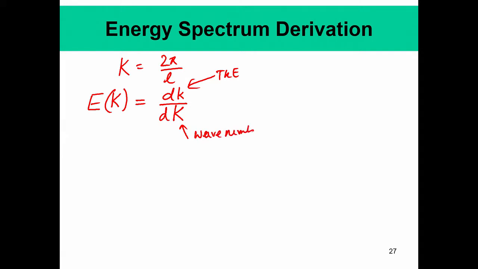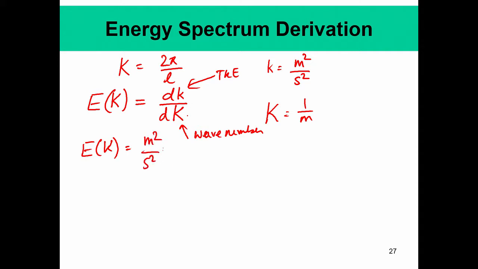Okay. Now, for that we can just do the dimensional analysis. Small k has units of meter square per second square, whereas capital K has units of 1 per meter. So, E of K has units of meter square per second square divided by 1 per meter, so it is essentially meter cube per second square. Now, in the inertial range the statistics will only depend on the dissipation rate, and of course this quantity can depend on K itself.